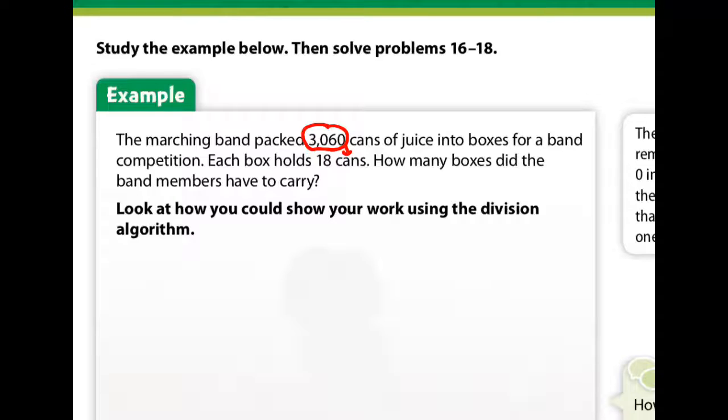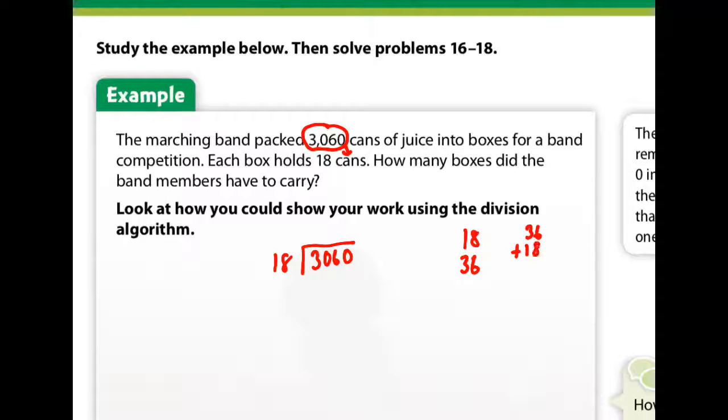In this example, they say, look how you could use the division algorithm, the traditional way, to solve this problem. So I'm going to go over that here. First off, I would set it up, 3,060 divided by 18. And I always do a little counting by 18 list. So I know the first couple, 18, 36.